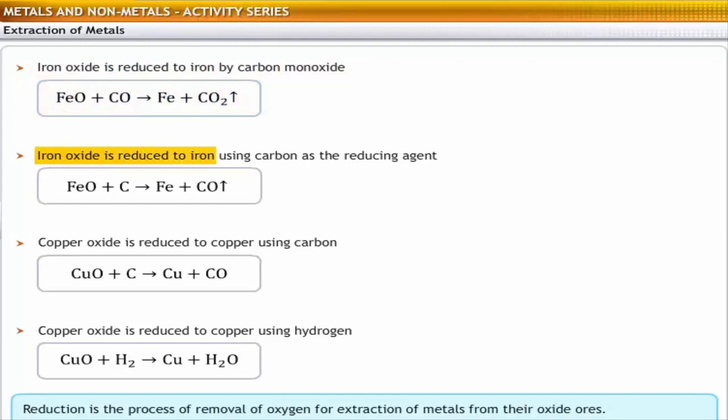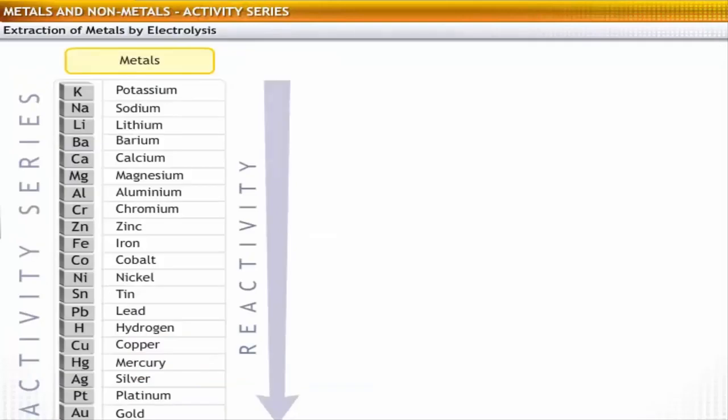Iron oxide is reduced to iron using carbon as the reducing agent. Similarly, copper oxide is reduced to copper using carbon. Copper oxide is reduced to copper using hydrogen. The metals high up in the activity series are very reactive.